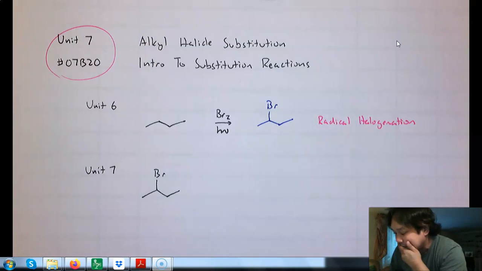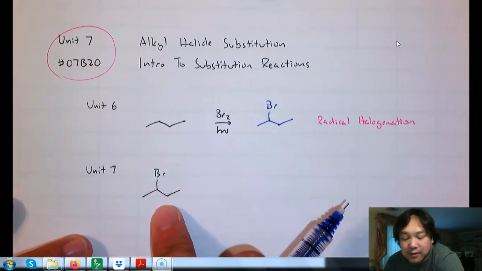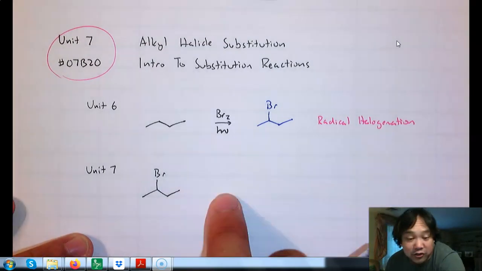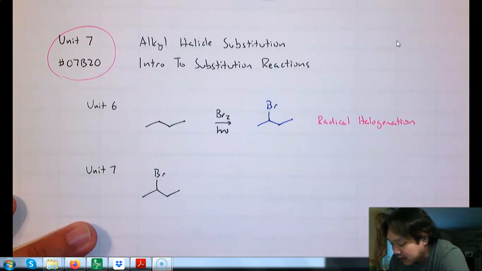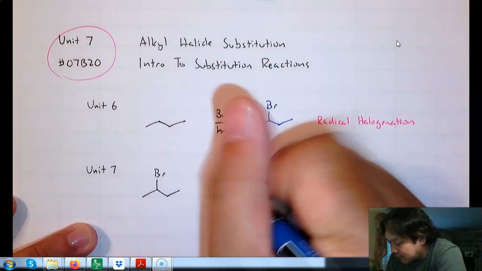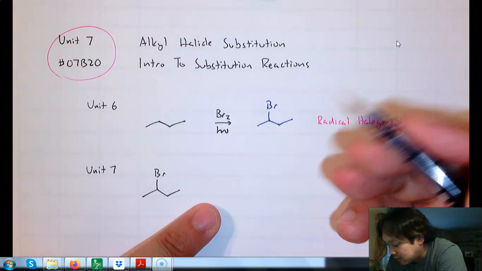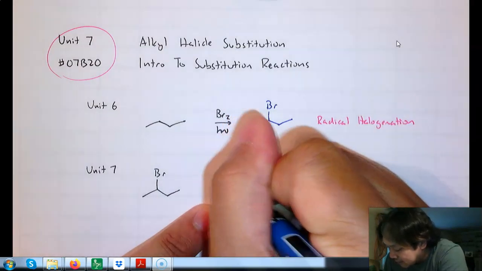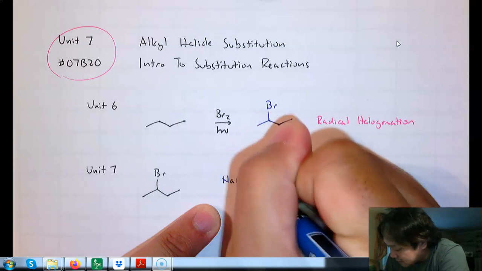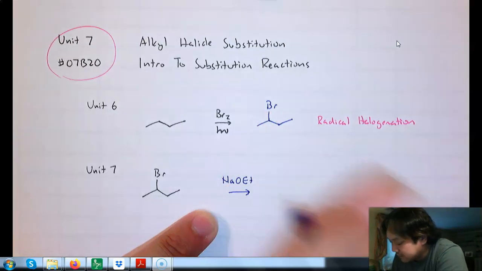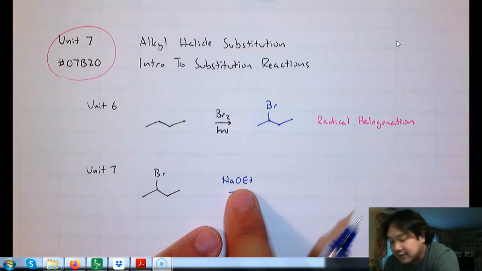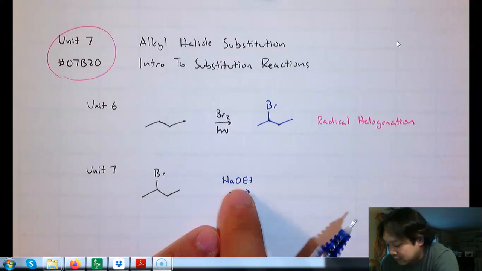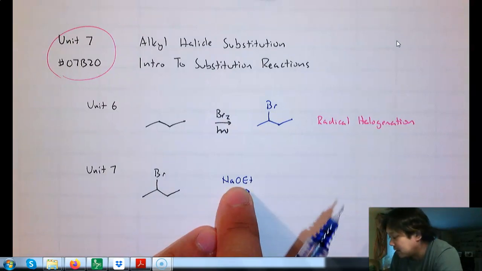Okay, so I want the orange cat, and the orange cat I am going to use is a very popular orange cat, and that's sodium ethoxide, NaOEt. Et standing for ethyl, O obviously for oxygen.